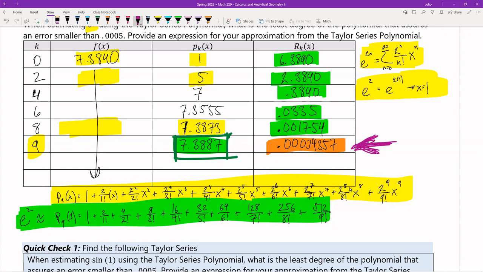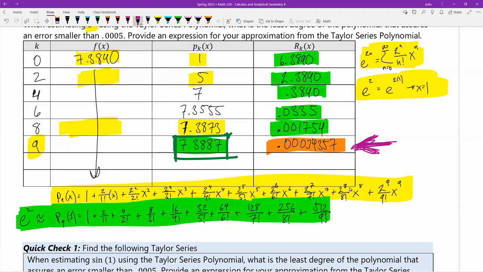But this P9 evaluated at 1, this thing in the green, is an approximation to the value that I need, and it only needs additions, subtractions, multiplications, and divisions, which is something that a calculator can easily do, and it can do it very quickly.